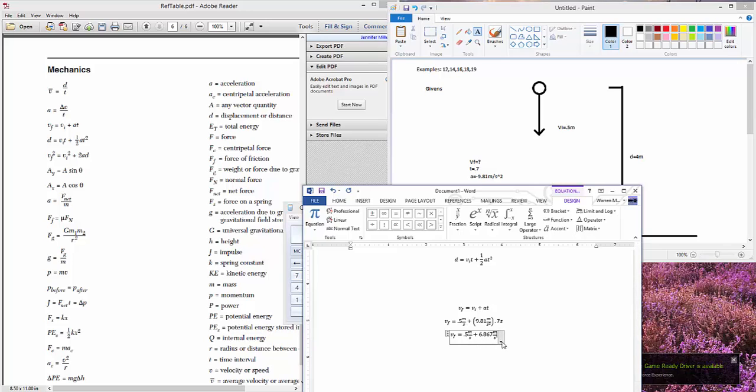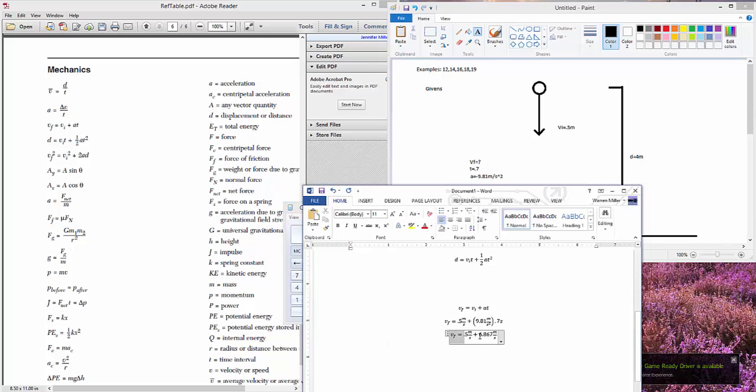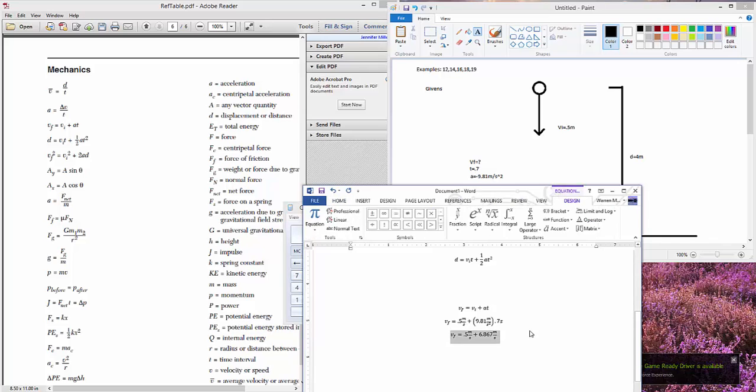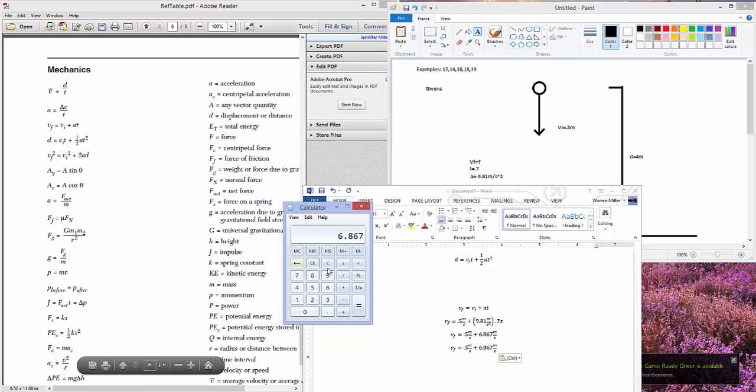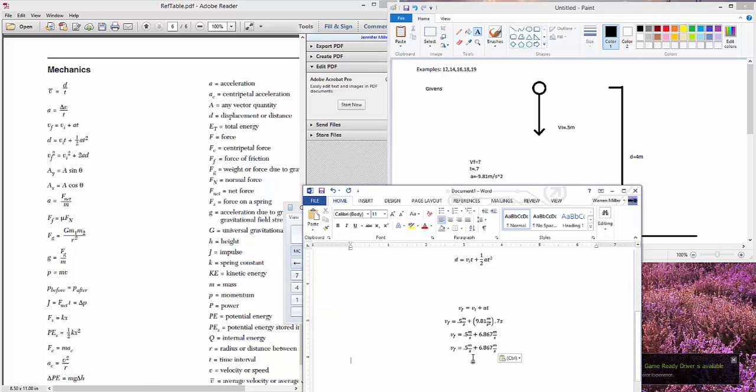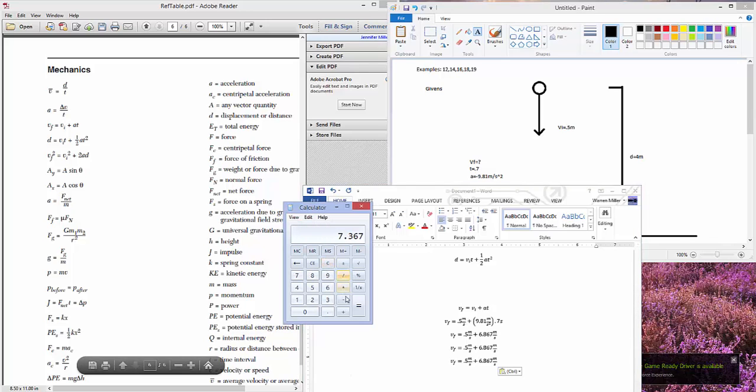So finally, plugging that all into a calculator, plus 0.5, we should have a final velocity that gives us, where'd it go? 7.4, right?